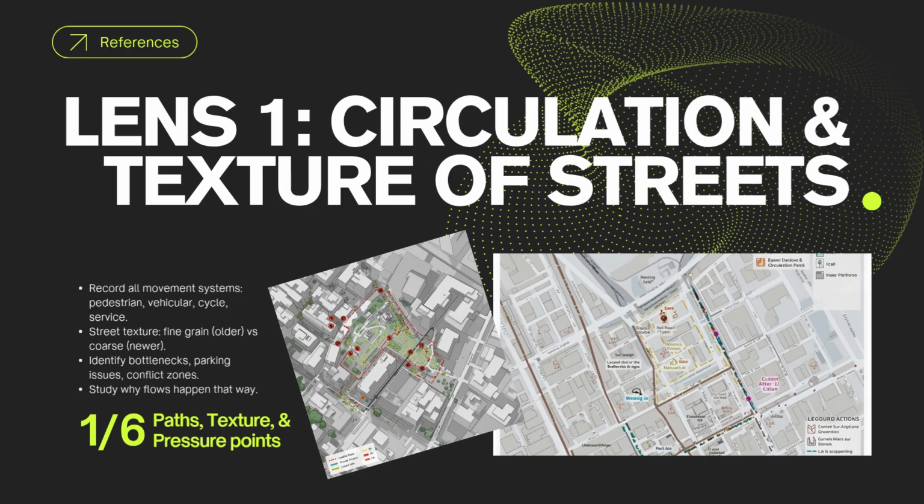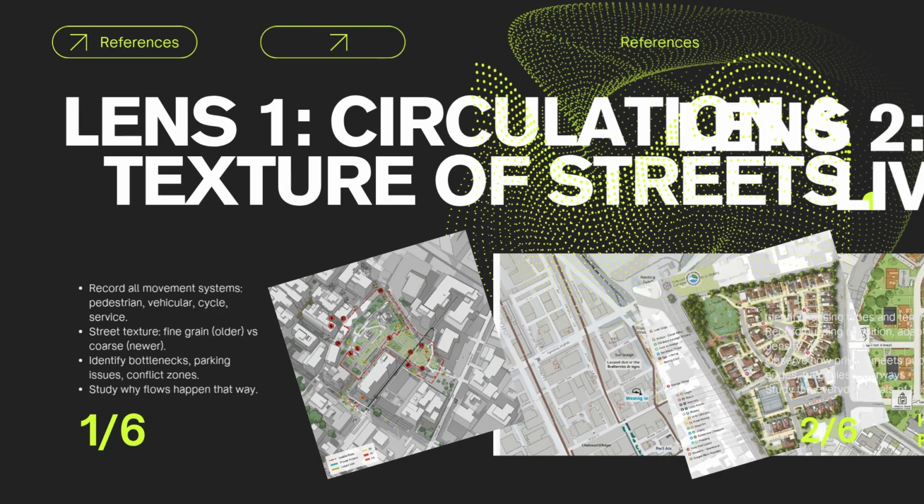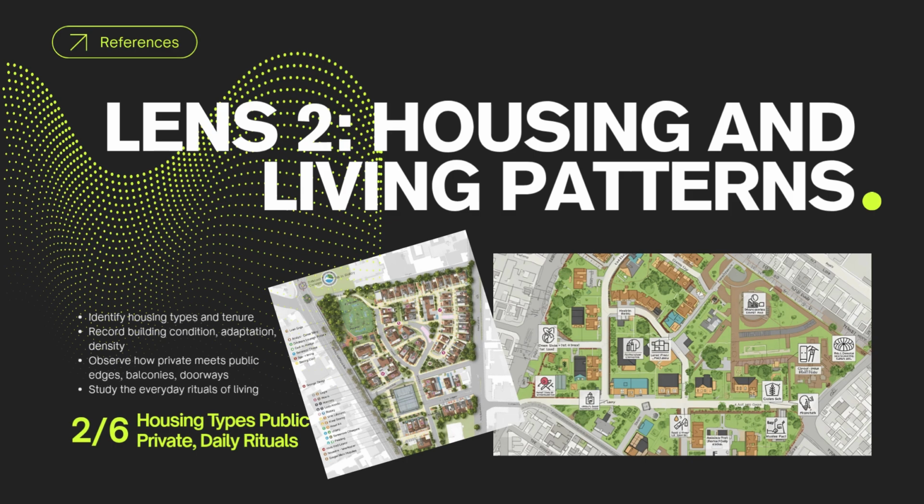If circulation shows how the site moves, housing shows how it lives. This lens reveals people's relationship with permanence, how they claim, modify, or extend their spaces. Observe height, rhythm, and condition, but also personality. Look at thresholds. Where does the public street end and private life begin?